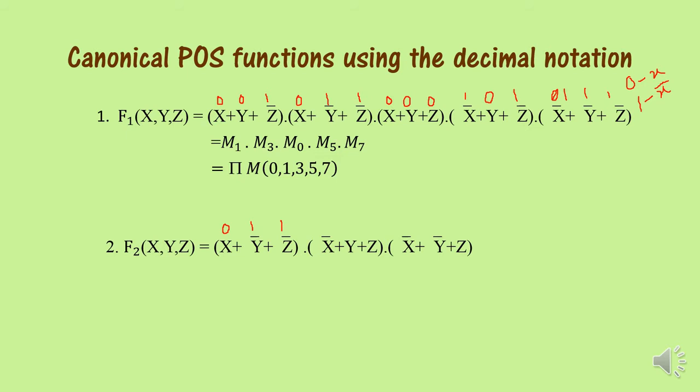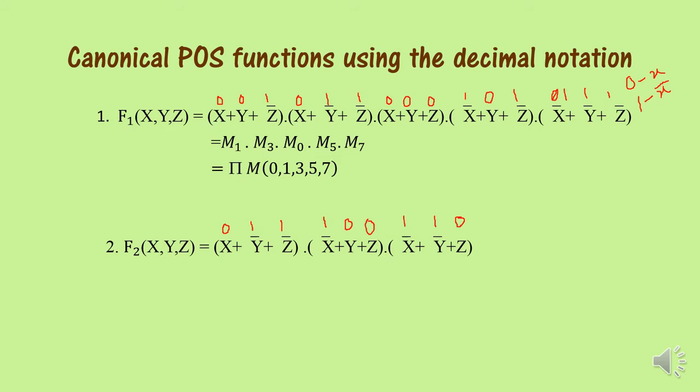Next expression: x bar is 1, y is 0, z is 0. That is 1 0 0. Next expression: x bar is 1, y bar is 1, and z is 0, so that is 1 1 0.